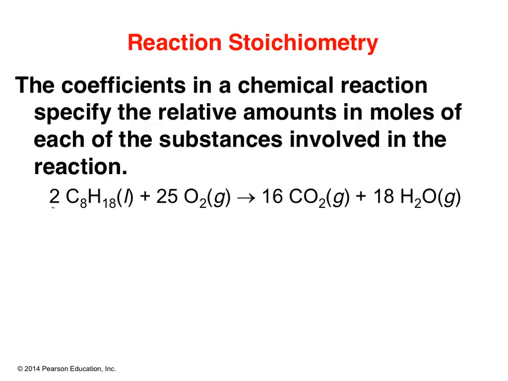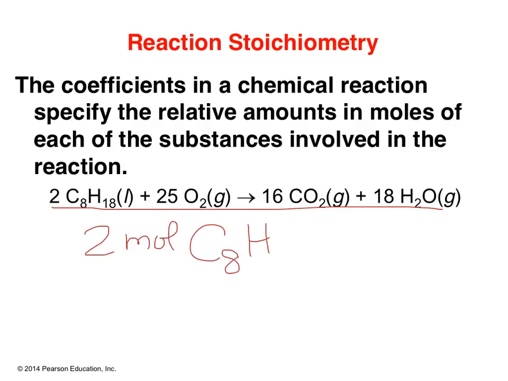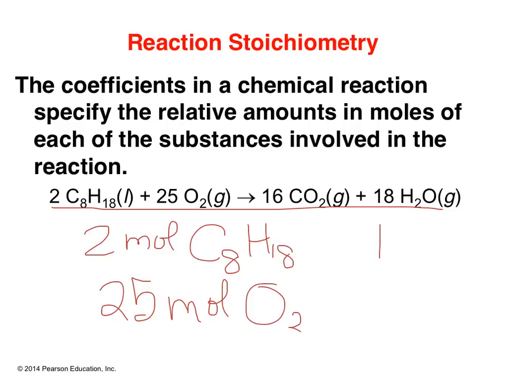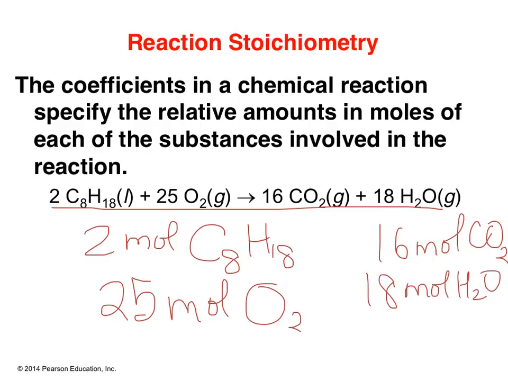So from this specific reaction, combustion of octane, we know that 2 moles of octane reacts with 25 moles of oxygen to produce 16 moles of carbon dioxide and 18 moles of water vapor, right?